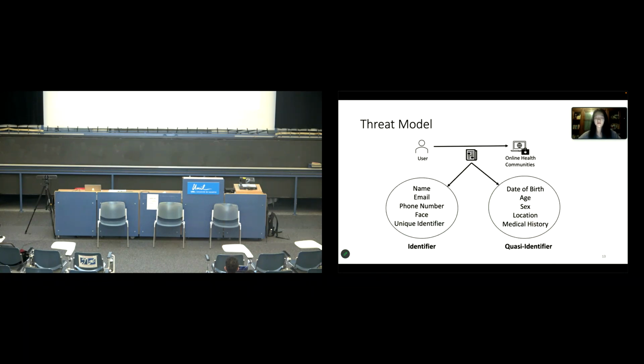Under this threat model, we focus on two types of leakages, identifier and quasi-identifier. Identifier leakage itself can reveal individuals' real identity, whereas quasi-identifier leakage may not always pose serious privacy violation. However, if quasi-identifiers are leaked and combined with other information, they can reveal individuals' identity as well.